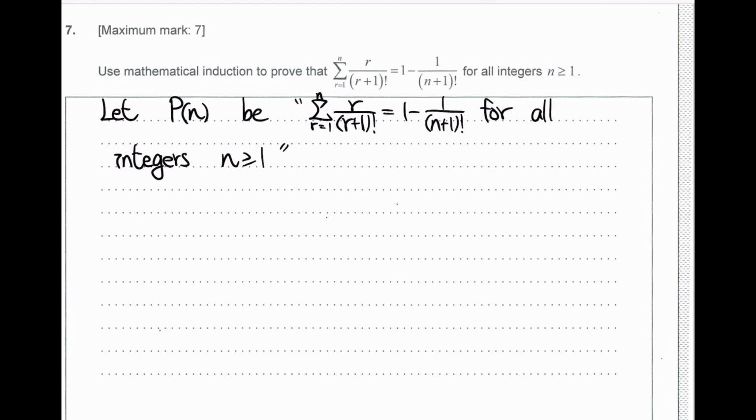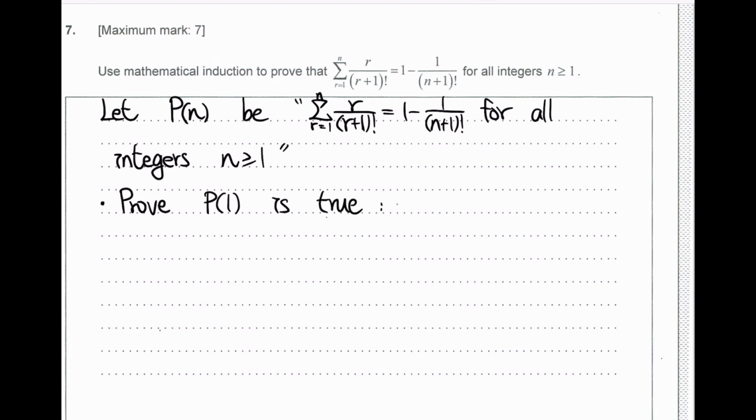Okay. So the first step of mathematical induction is that we want to prove P of 1 is true. So first, we prove P of 1 is true.